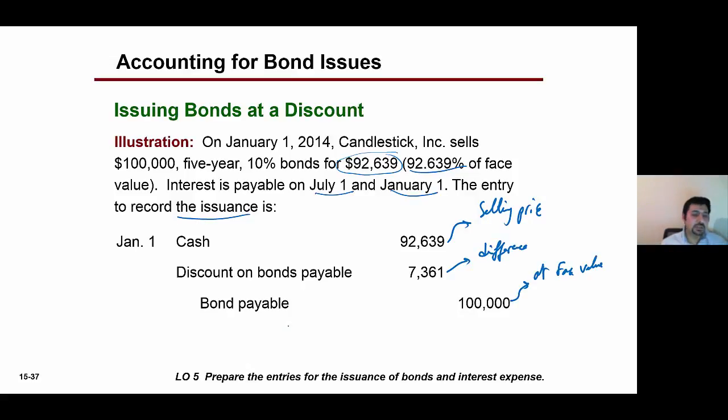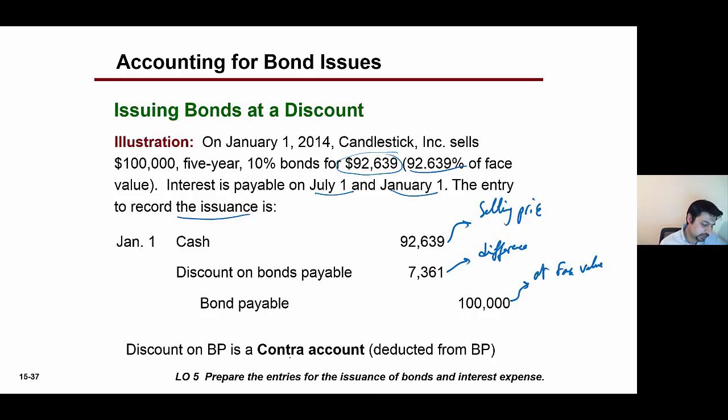Because the selling price is lower than the face value, this will be a debit to discount on bonds payable. So whenever the company is selling bonds at a discount, you debit cash, the selling price, you debit the discount on bonds payable, the difference between the face value and cash received, and then you credit bonds payable at face value. Now, this account here is a contra account. It will be deducted later on from bonds payable.